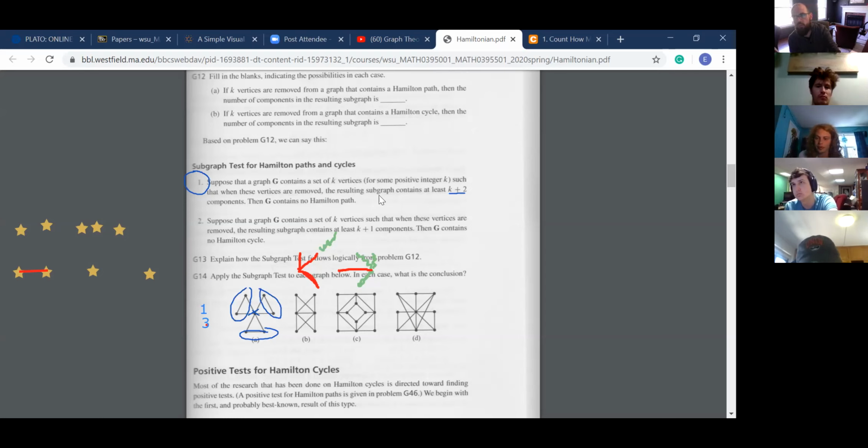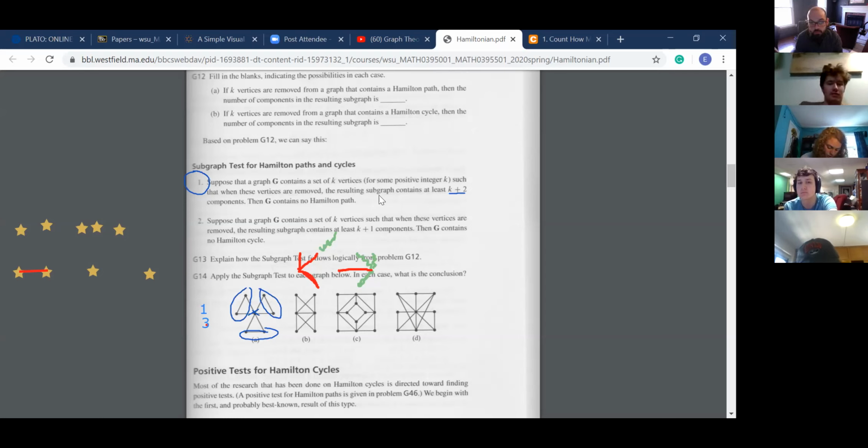Before, you tried a lot of stuff, and Eric, you said there's something about that center vertex, you're going to have to use it too many times. This is a way to formalize that idea. When I delete it, I get too many components, so it's connecting too much stuff together.